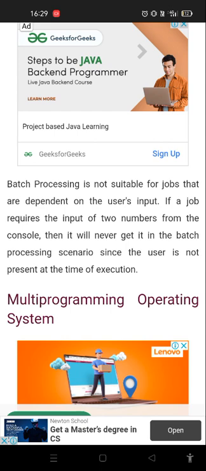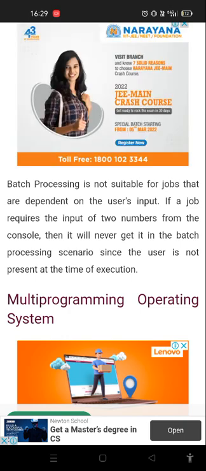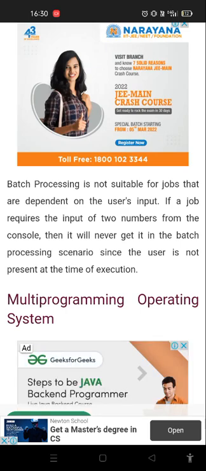Console is where we give the input to the program. It will never get it in the batch processing scenario since the user is not present at the time of the execution.